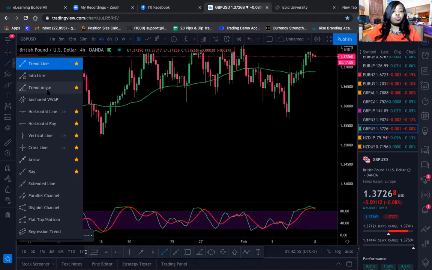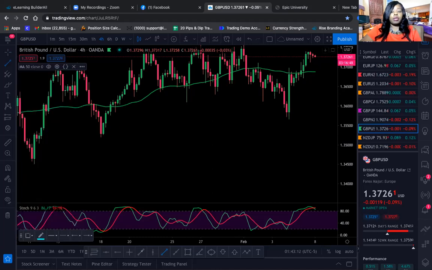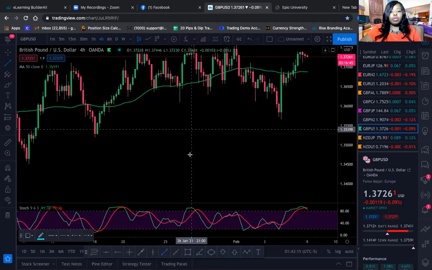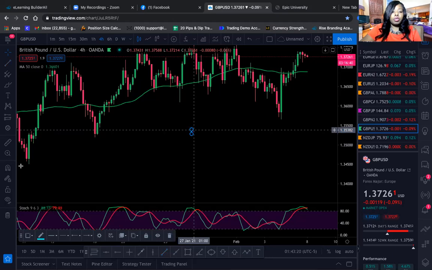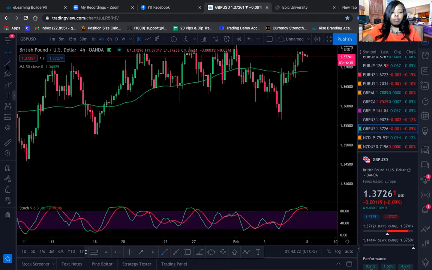We have different trend angles and different horizontal lines, vertical lines, cross lines. So some of these, I don't know what they are, and I don't need to. I just use a few of these different tools, one of them being a trend line. And with this trend line, what I'm able to do is mark the trend that I see here.